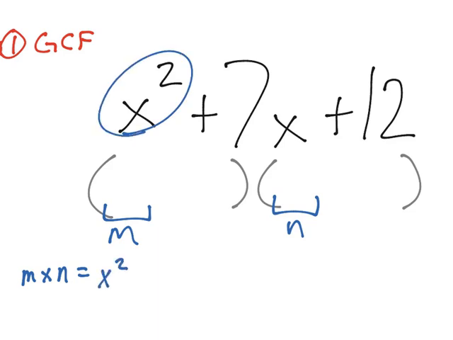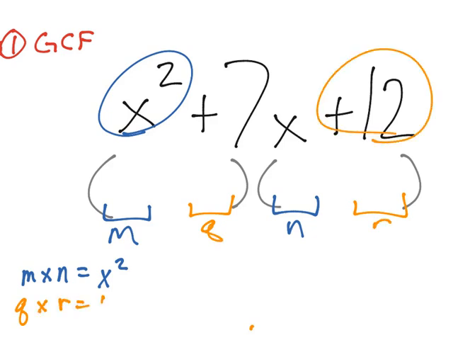Now the last spots, the last two, we'll call them Q and R. Q times R is going to give me my last term. So you can see that the first terms give you the first term. The last terms give you the last term. Do you see how that works? Okay, so we need to multiply to get those.